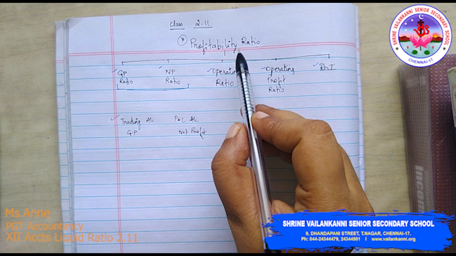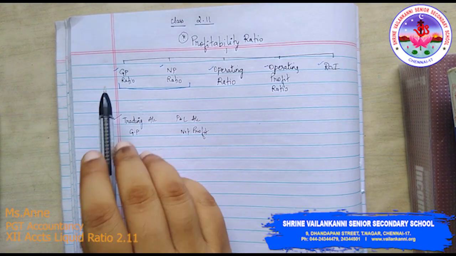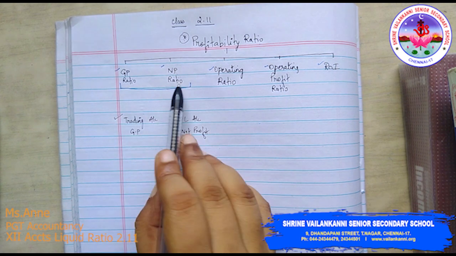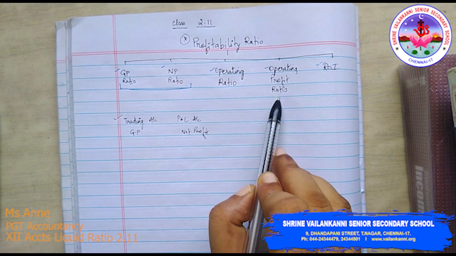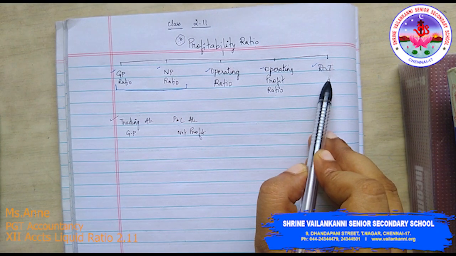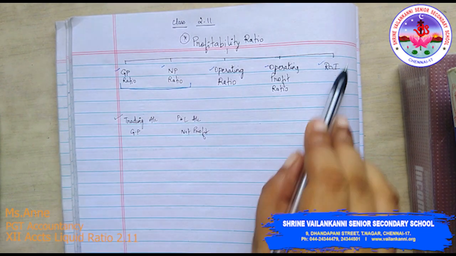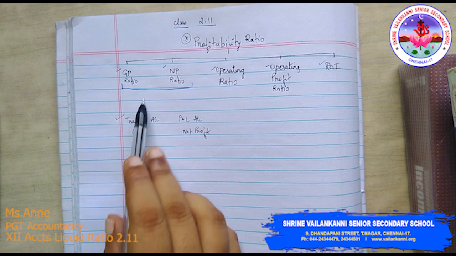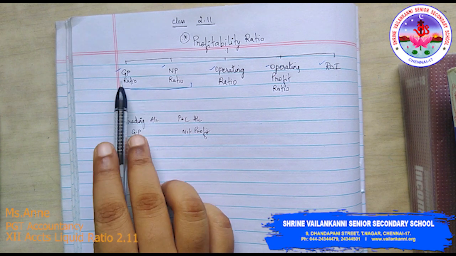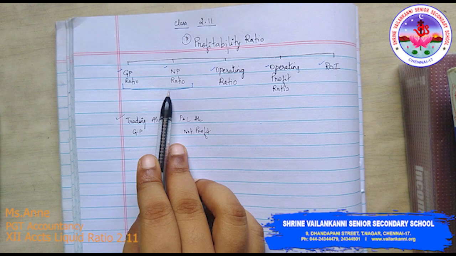any business. So the important profitability ratios in your syllabus are gross profit ratio, net profit ratio, operating ratio, operating profit ratio, return on investment or return on capital employed. So these ratios are there in your syllabus. Now in this video, we will be discussing in detail gross profit ratio and net profit ratio.